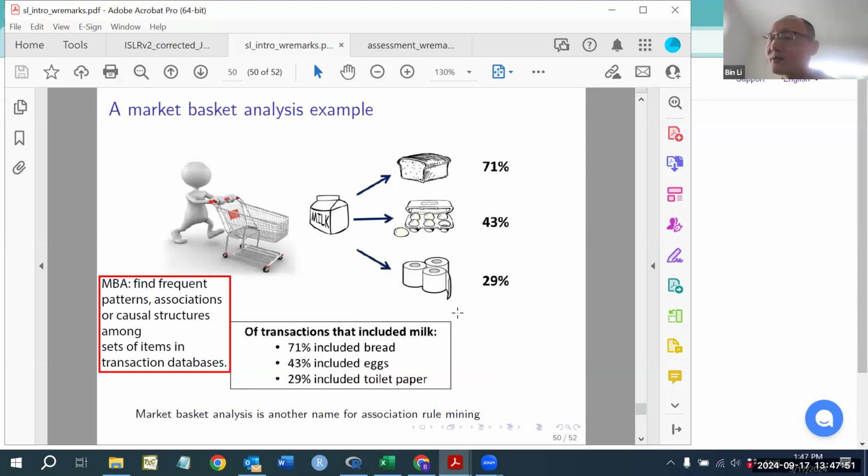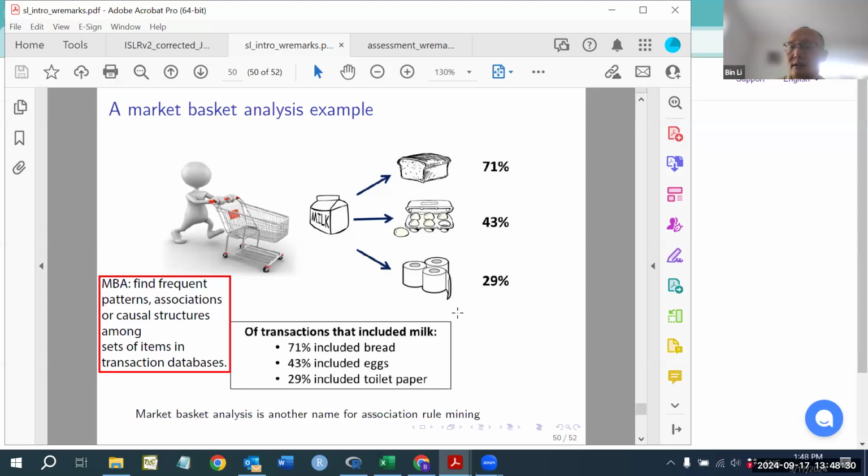And one of the methods that we will talk about in this course in the unsupervised learning part is market basket analysis, which is a very popular and powerful association rule mining. So this one is trying to find those frequent patterns or associations, probably leading to some causal relationships, among the set of items in the transaction database.